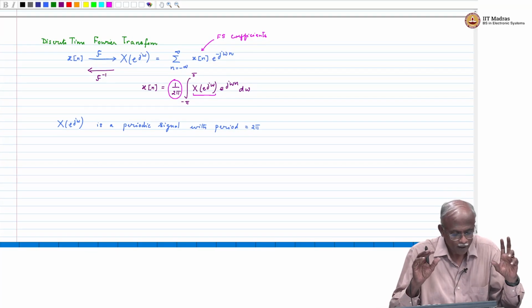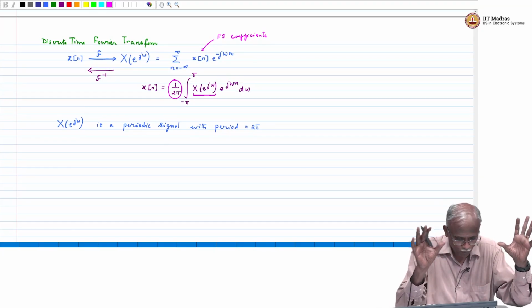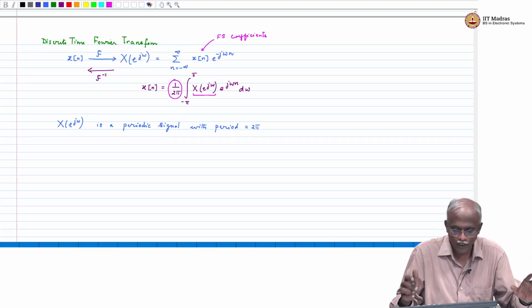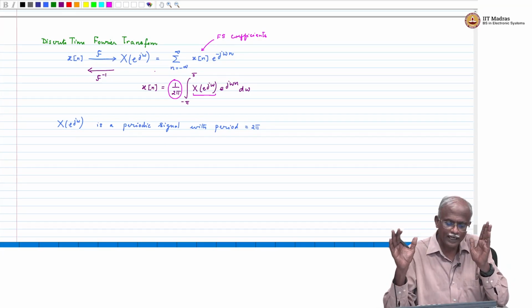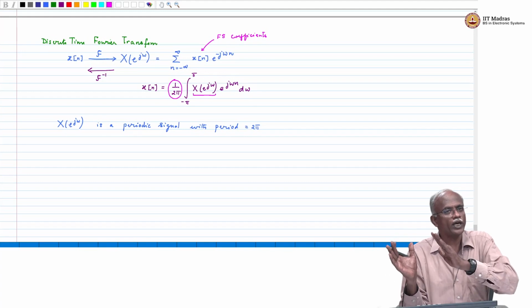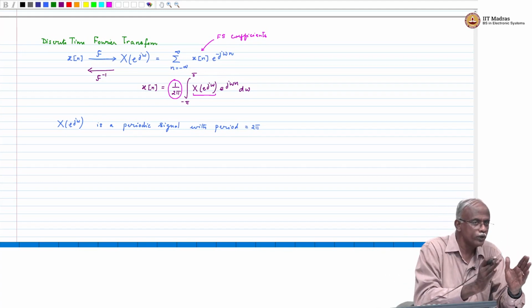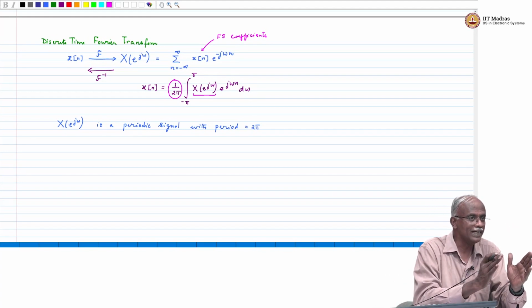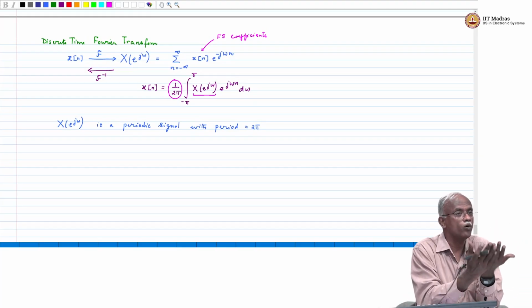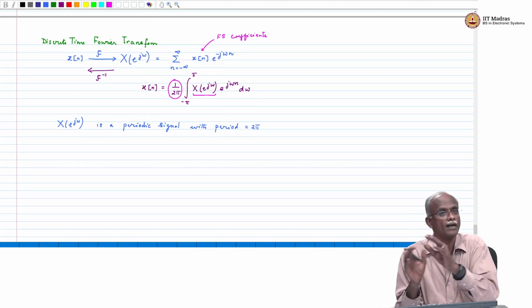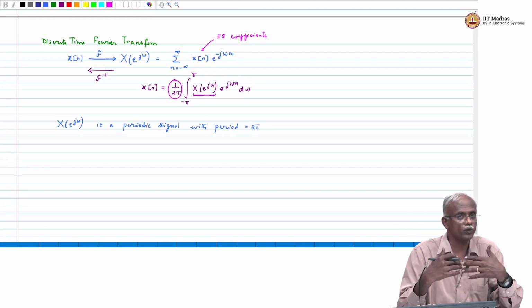Okay. So with this as the foundation, I hope that you will now start to feel comfortable that given any discrete time sequence, we can go into the Fourier domain or the frequency domain, study it, analyze it, and look at how we can always come back to the time domain to recover the original signal.